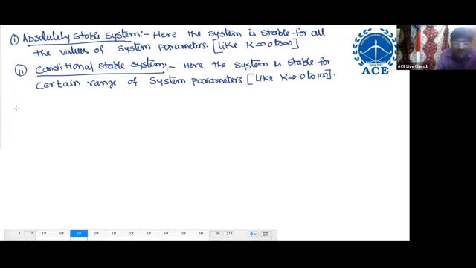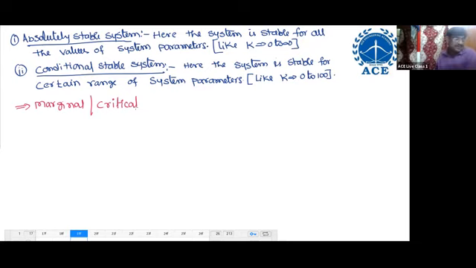Next, marginal stability. What is marginal stability? Marginal or critical. Critical stable is different from critical damped. When given any question, you should be very careful. They may mention critical damped or critical stable.